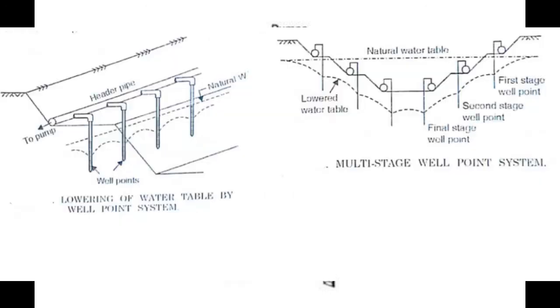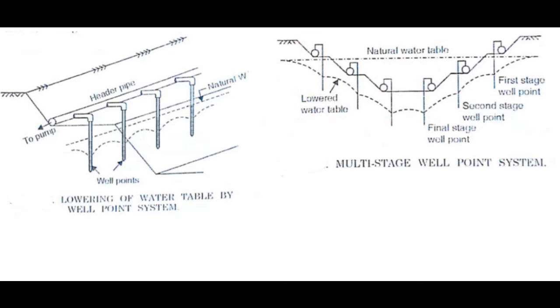Further, when we have marshy kind of land, the spread of water can be more, so at such times a single well point may not work. That is why a multi-stage well point system is used to lower the water table. Now you can see in this diagram we have different well points. According to their depth, the wells are situated, and from there the excessive water is taken out.